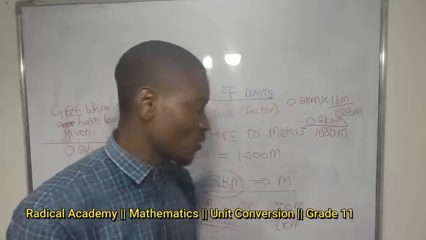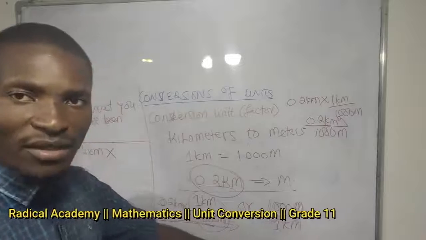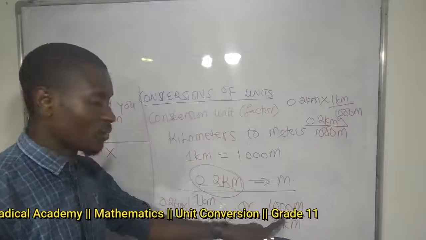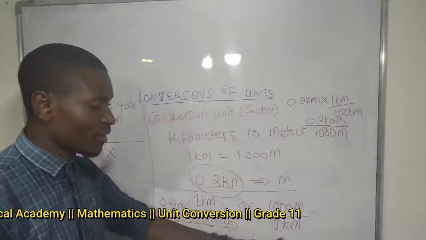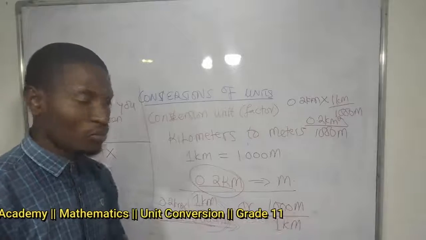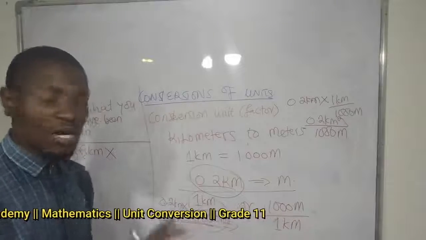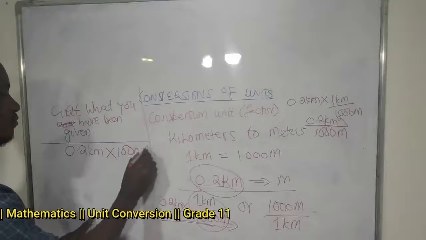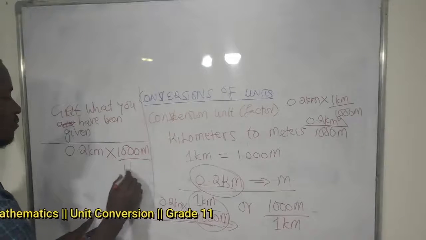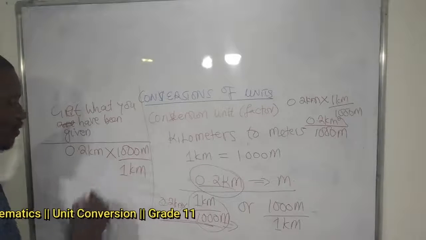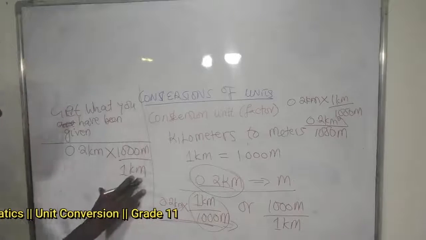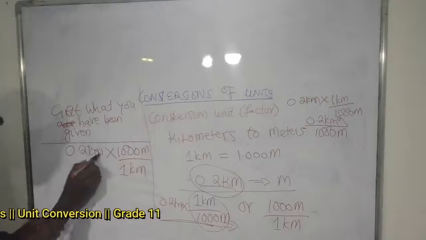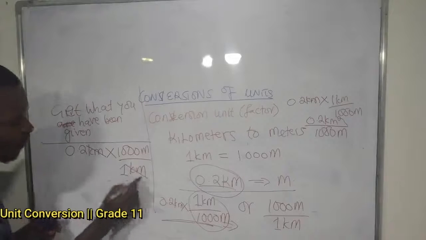So what you're supposed to do is use the other conversion factor, which is 1,000 meters on top and 1 kilometer at the bottom, and that way it will cancel. So now, having done that, this cancels that.